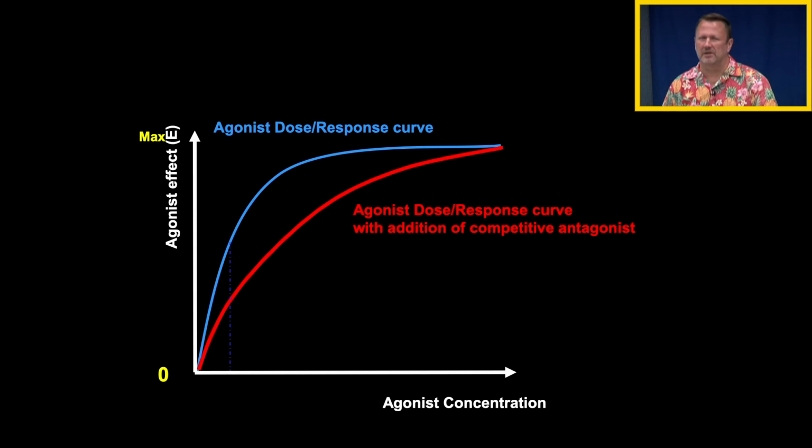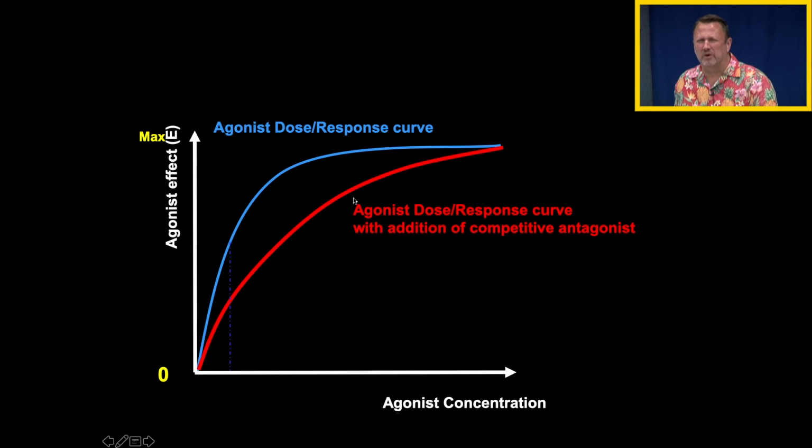All right? And we see that with the dose response curves. And I don't want to get too deep into this. This is kind of complex, but this is a normal agonist dose response curve drawn on a linear scale. And if we just take some competitive antagonists, put them in the solution and do the same thing, well, notice that right around here, the antagonist is working really well.